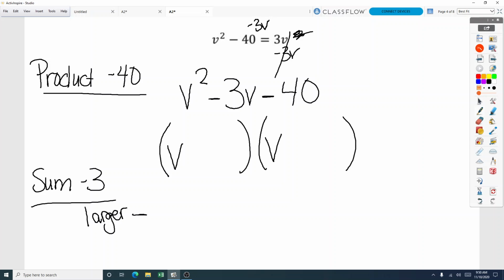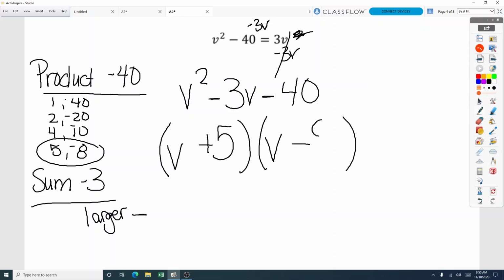So if I start listing some factors, 1 and 40, let's see, 2 and 20, 4 and 10, 5 and 8. Remember, the larger number is negative. Negative 8 plus 5 does give me negative 3. So I'm going to say positive 5, negative 8. So I have my factors.